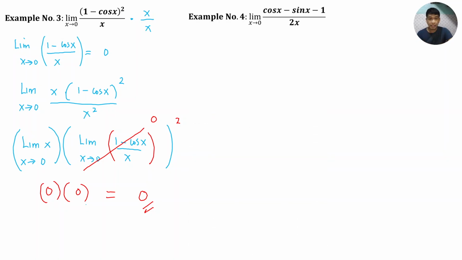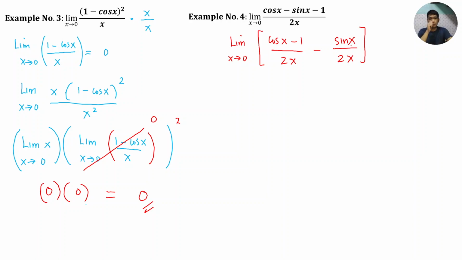Then, what if I have here the limit of cosine x minus sine x minus 1 all over 2x as x approaches 0? So, we will have the limit as x approaches 0 of the quantity. We can combine cosine x minus 1 over 2x minus sine x over 2x.